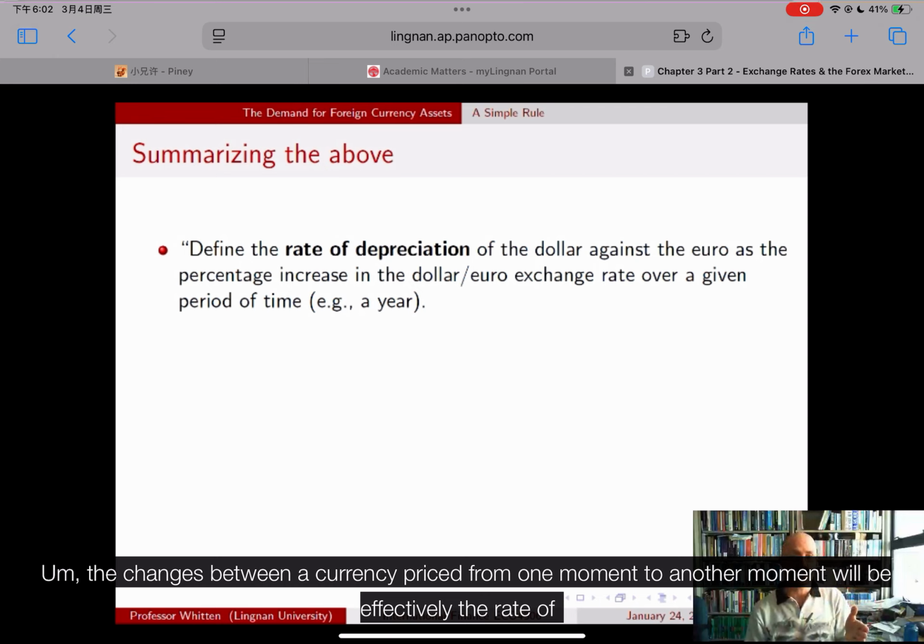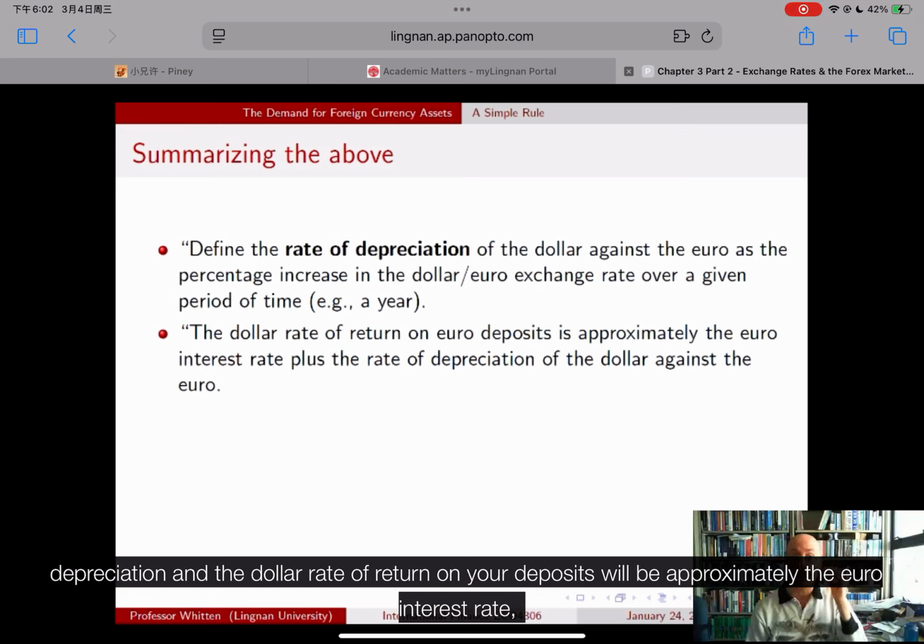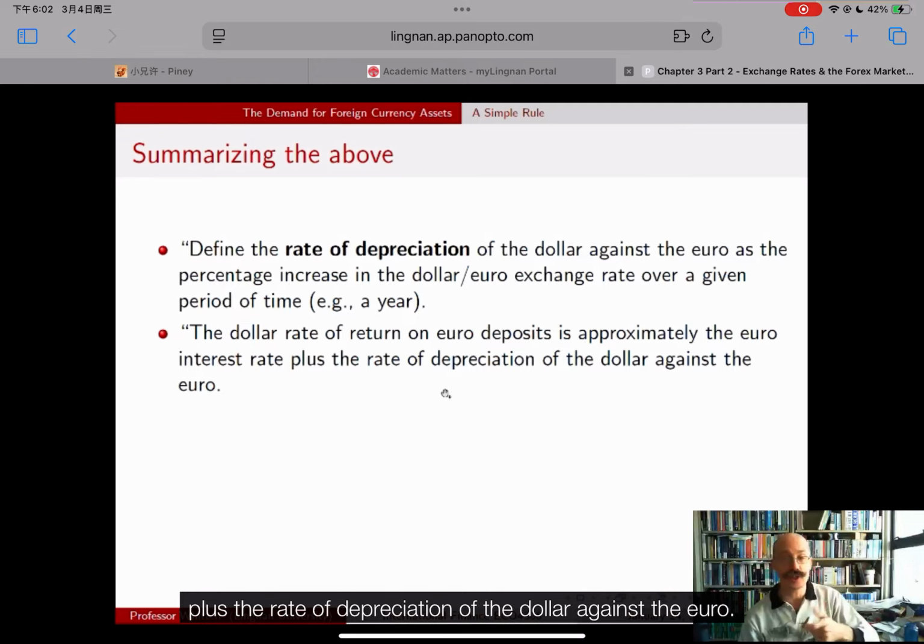The change in a currency's price from one moment to another will be effectively the rate of depreciation. And the dollar rate of return on euro deposits will be approximately the euro interest rate plus the rate of depreciation of the dollar against the euro.